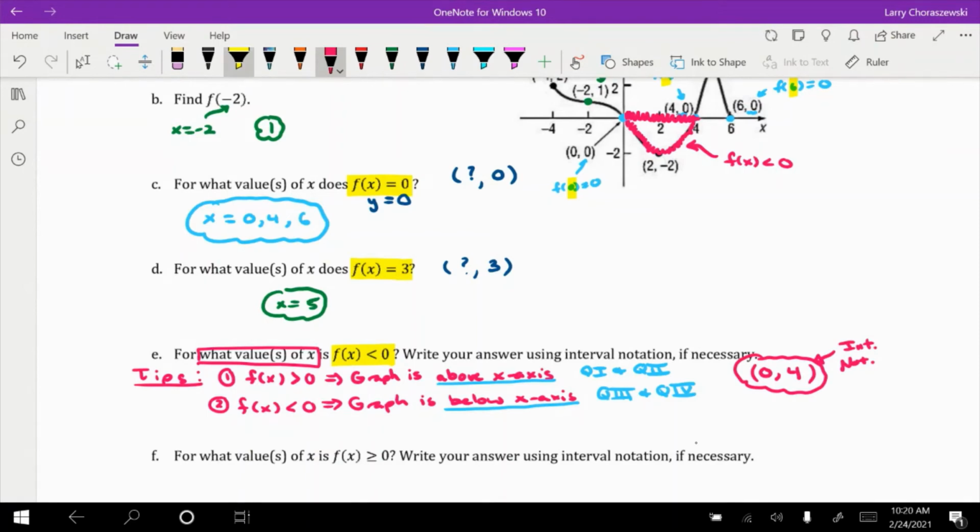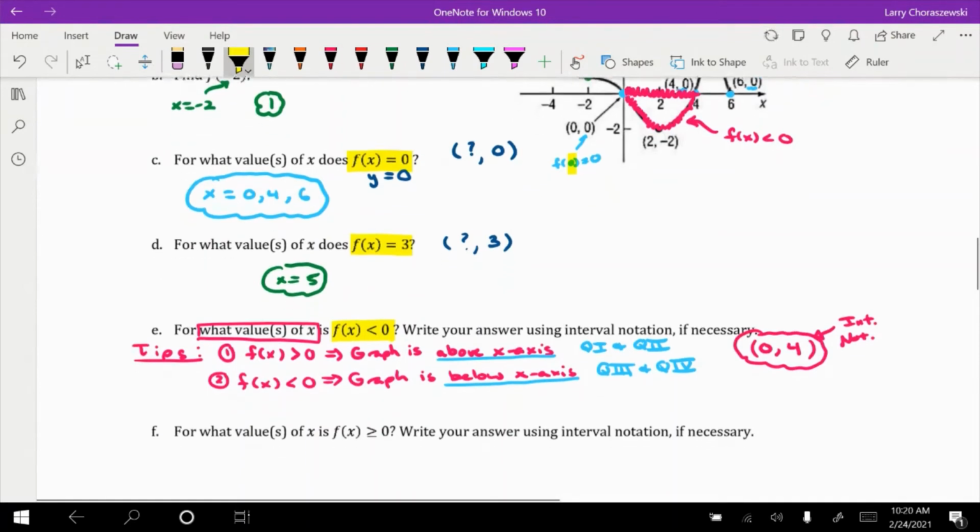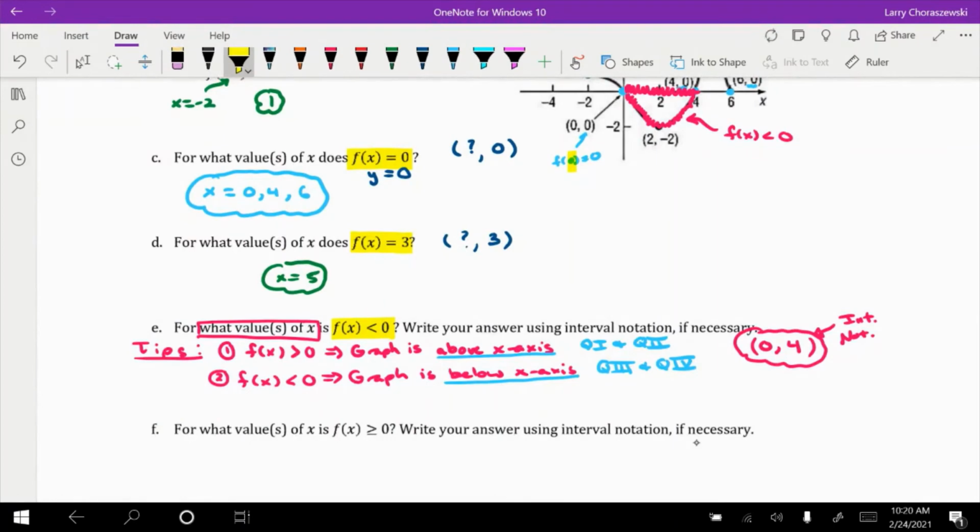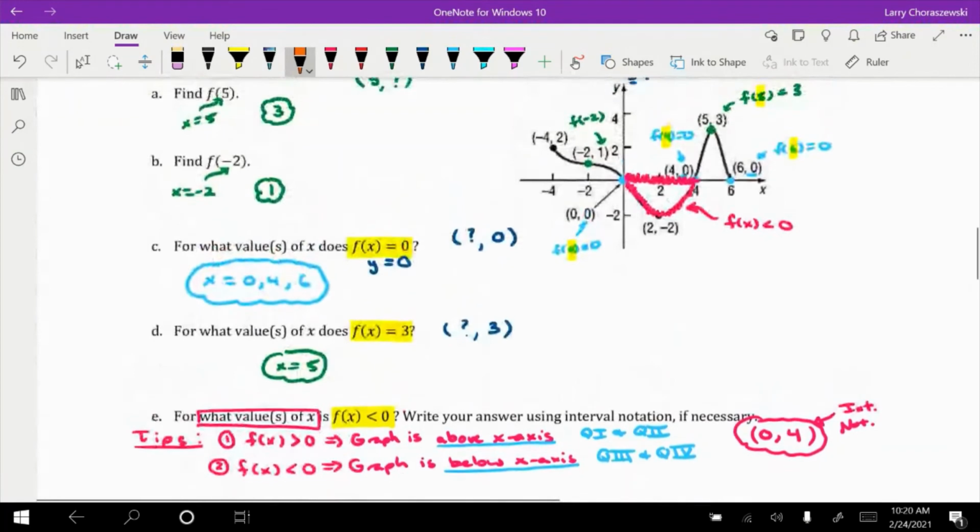If you look at part F, for what values of x is f of x greater than or equal to 0? Which parts of the graph do we want to look at this time? Parts that are under the x-axis or parts that are above the x-axis? Parts that are above, yeah.